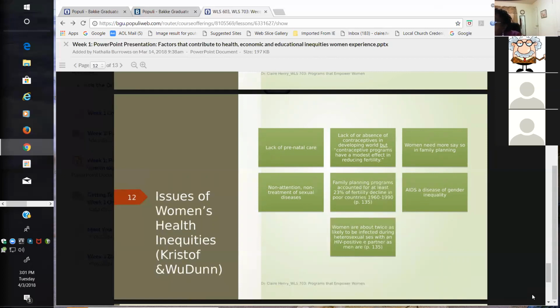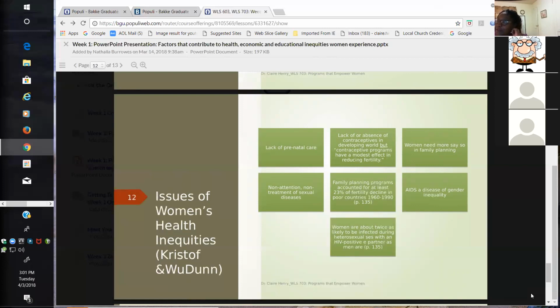Women need more say-so in family planning. Then there has been the non-attention and non-treatment of sexual diseases. Family planning programs have accounted for at least 23%, which is a significant number, of fertility decline in poor countries.